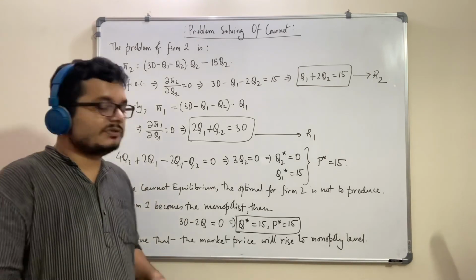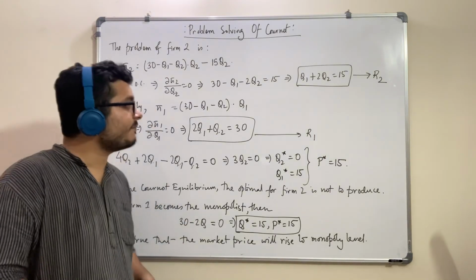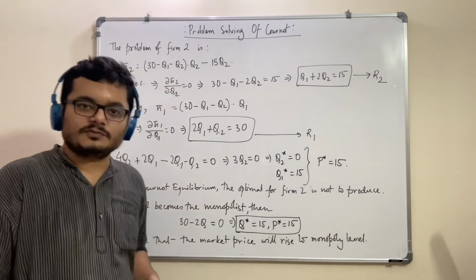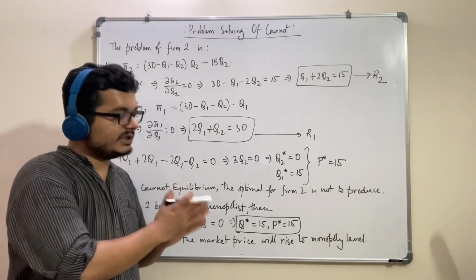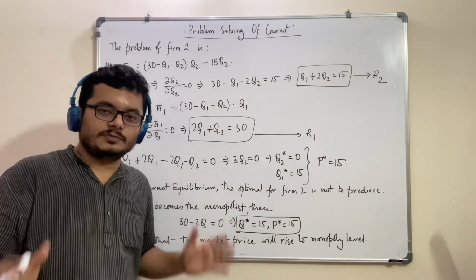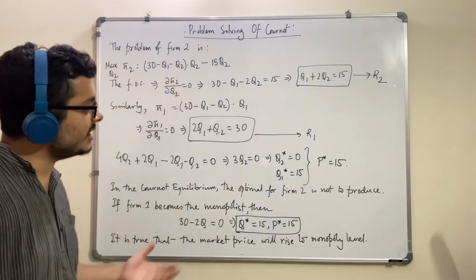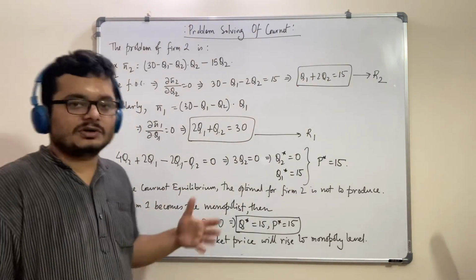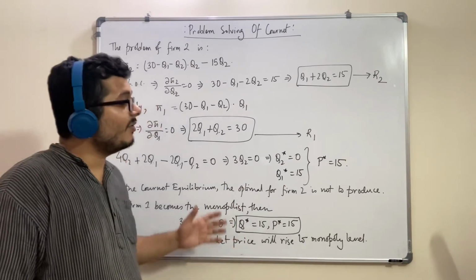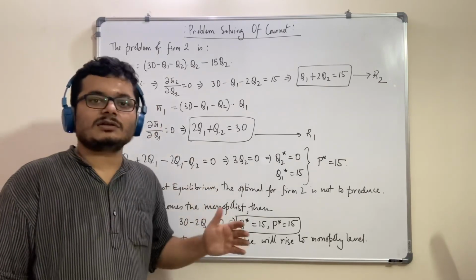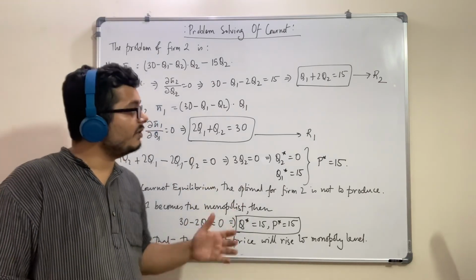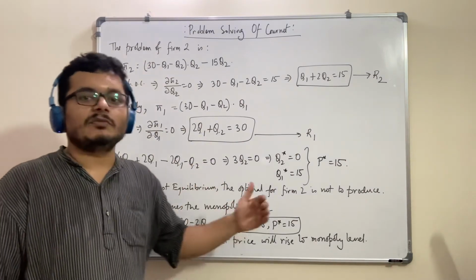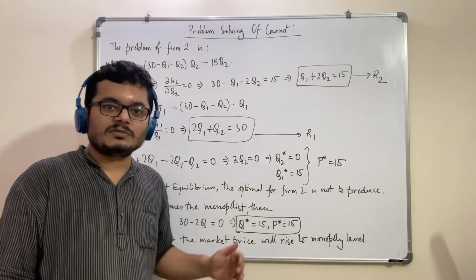By solving this, we end our problem solving class, where we solved 3 different kinds of problems of 3 different levels from 3 different books. Later, in the next class, we will move on to the game theoretic interpretation and one of the most important results of Cournot, which is how Cournot leads to perfect competition when the number of farms increases.